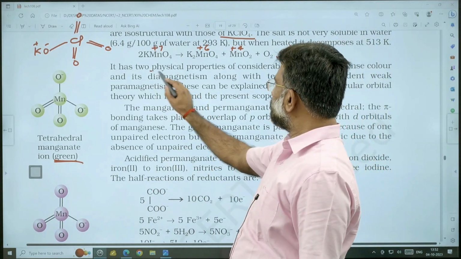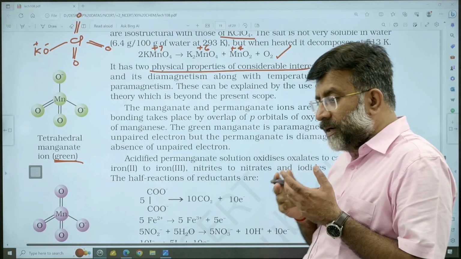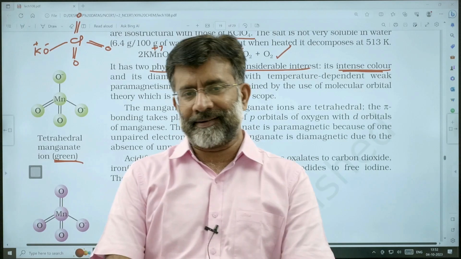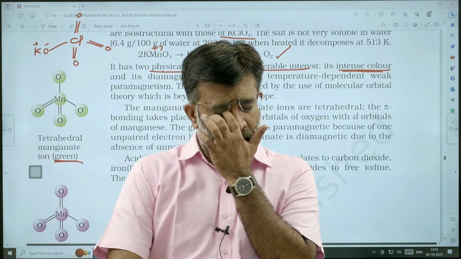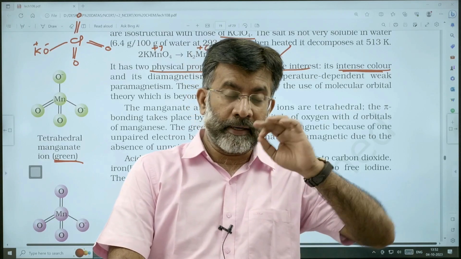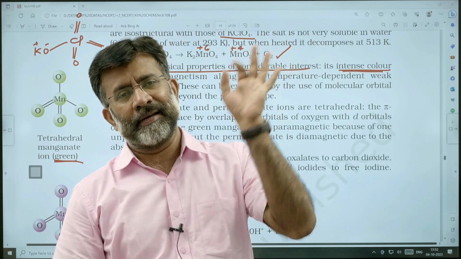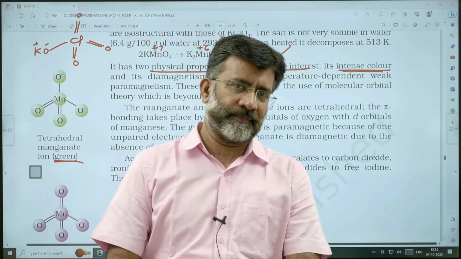Two physical properties are of considerable interest. First, its intense color. How is it colored? It is the +7 state. The manganese electronic configuration, as all of you know, is d5s2. So all the valence electrons, d and s electrons, are involved in bonding. Then how does it come to be colored?